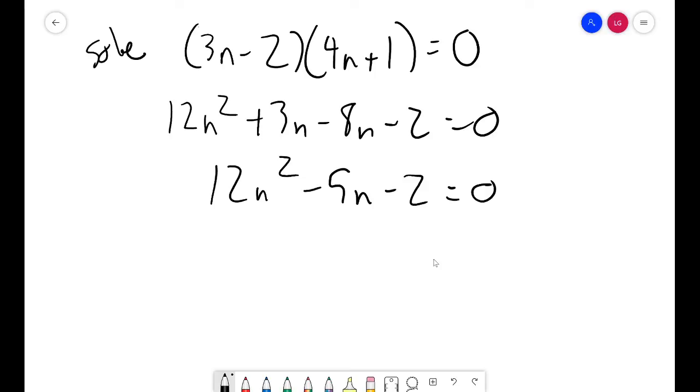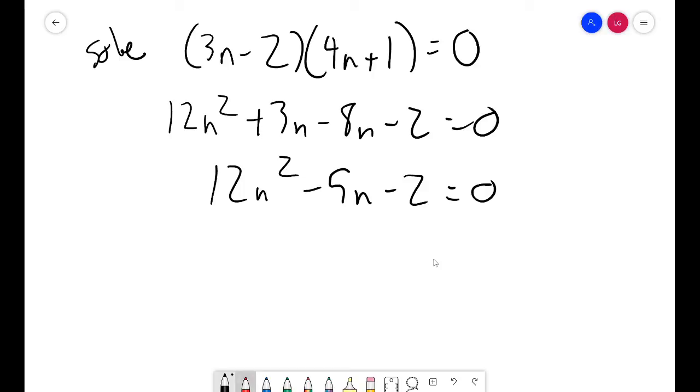Maybe with a graphing calculator, but as it is in that form, 12n squared minus 5n minus 2, there's no obvious, at least not to me, what numbers to plug in, what n should be to make this 0. It's tough.